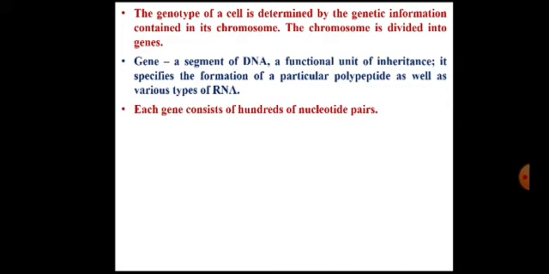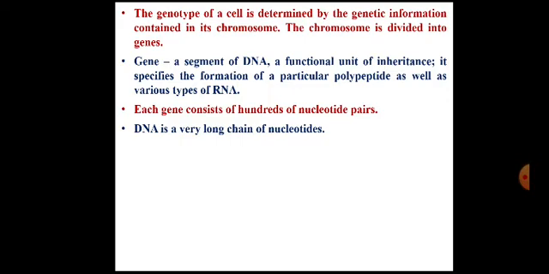Each gene consists of hundreds of nucleotide pairs. You need to understand what a nucleotide is. A gene is a segment of DNA, and it consists of a monomer called a nucleotide. This nucleotide forms a very long chain of DNA.